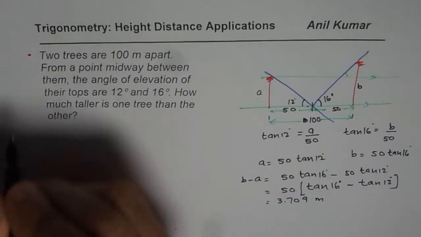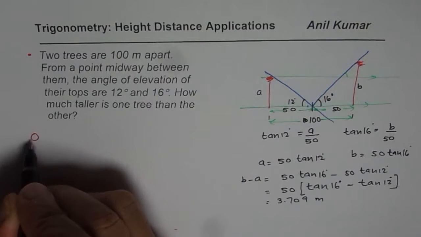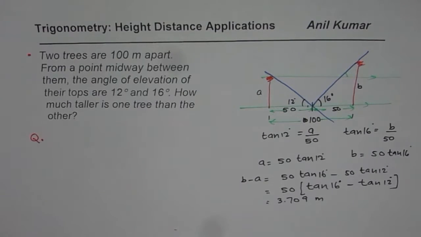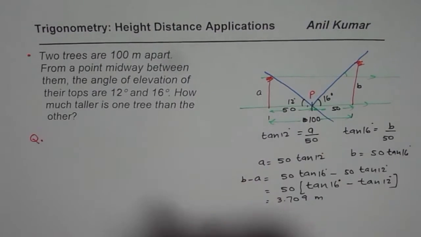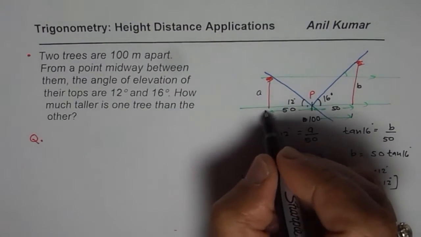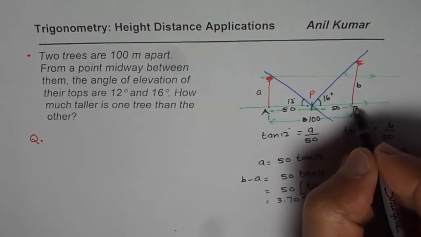This is a question I solved for you, and as usual, here's a variation to the question. The variation is that this point P was midway. Let us say the trees are A and B, just to make my question simpler.